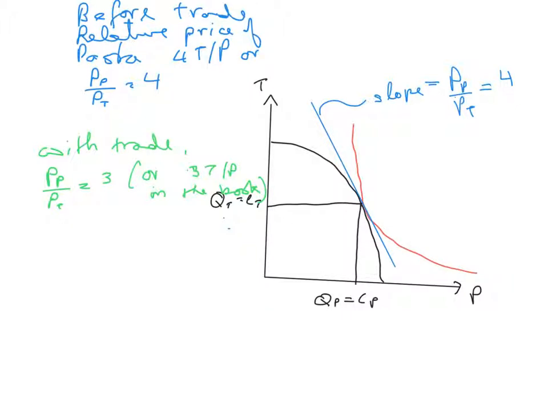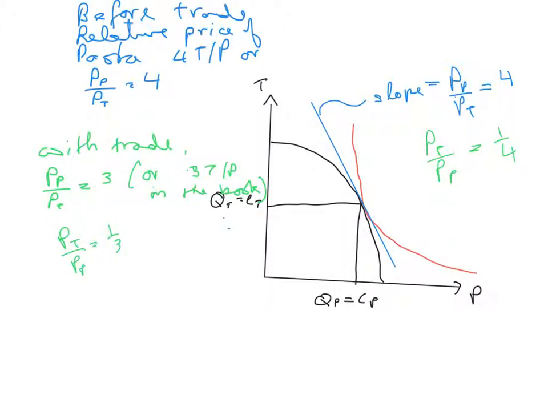Now, if we look at the opposite case, specifically what is happening in the market for togas, because the relative price of pastas at home was 4 in terms of togas, the relative price of togas at home in terms of pastas is 1/4. But in the foreign market, the relative price of togas in terms of pastas is 1/3.